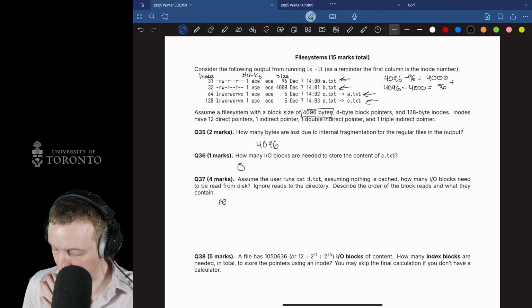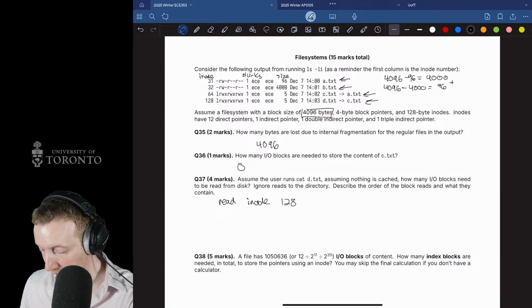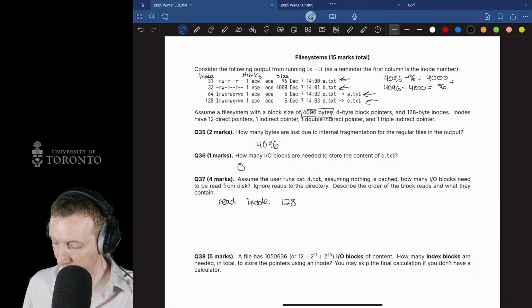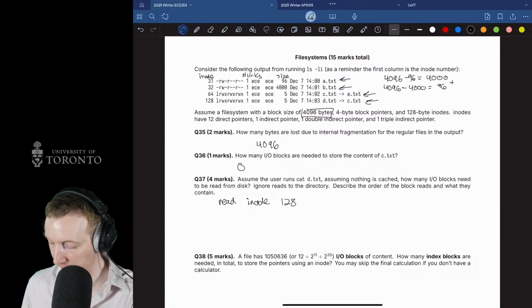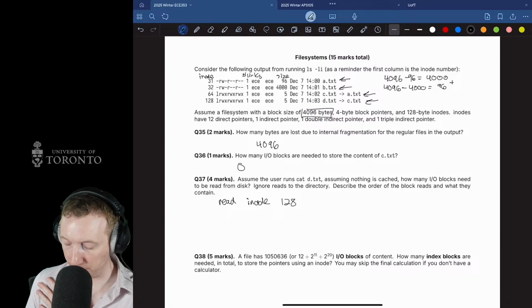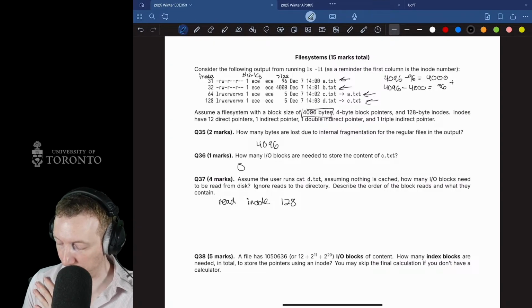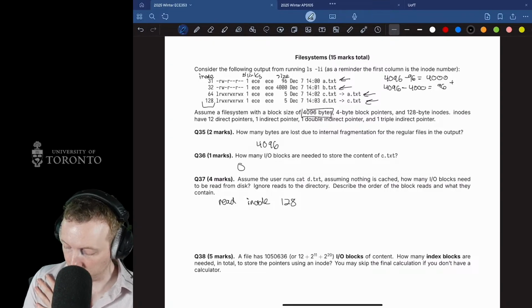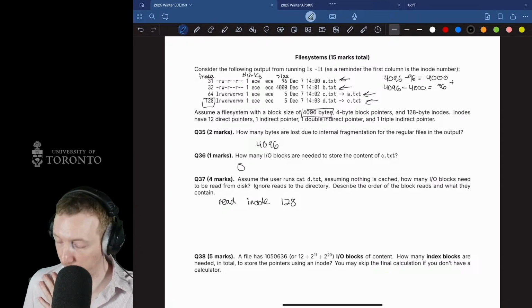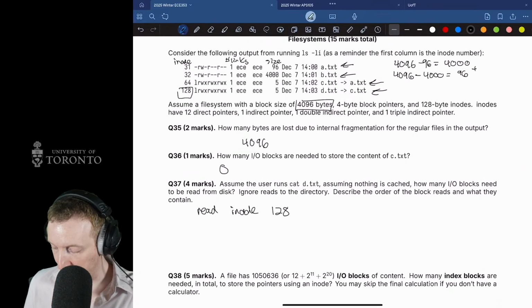Ignoring the directory lookup, because it would need to look up d.txt to find what inode it refers to. In this case, it refers to inode 128. So we would read inode 128.